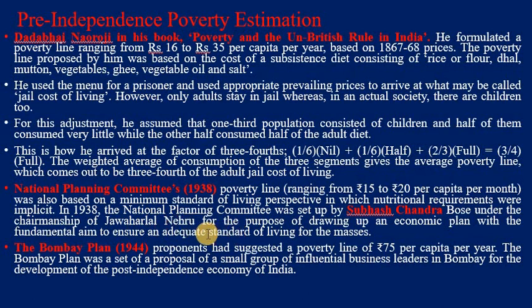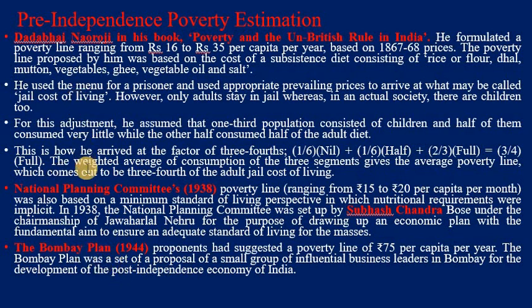So that was before independence. Now another one, 1944, that is the Bombay Plan. They suggested a poverty line of 75 rupees per capita per year. It was a proposal by a small group of influential business leaders in Bombay for the development of the post-independence economy of India.